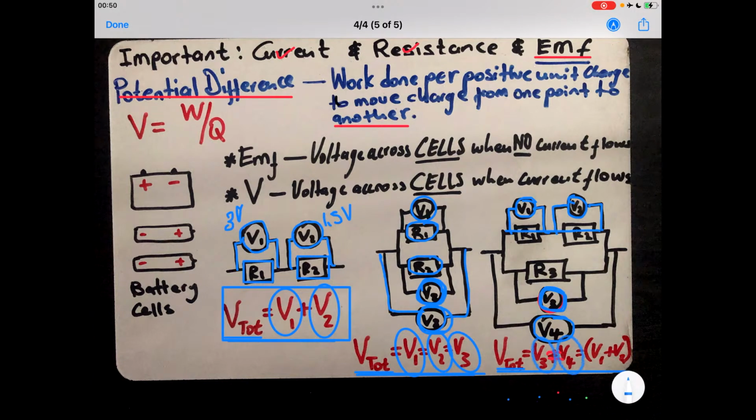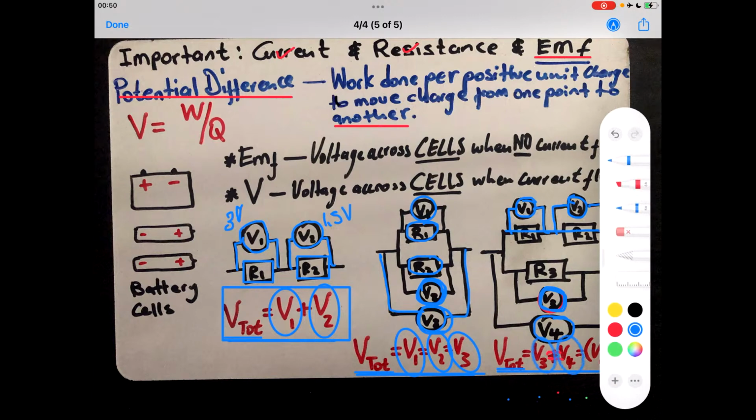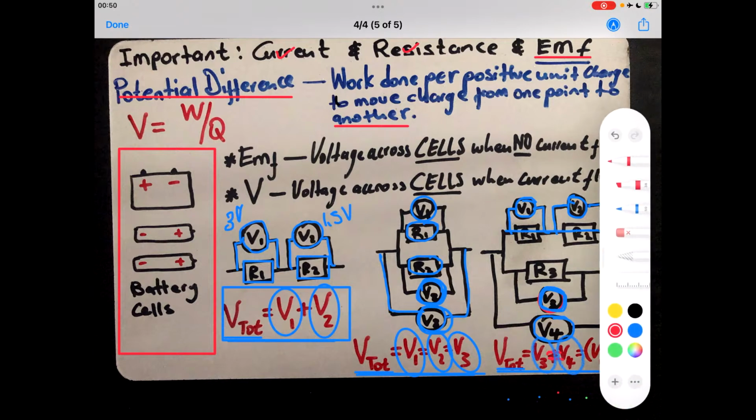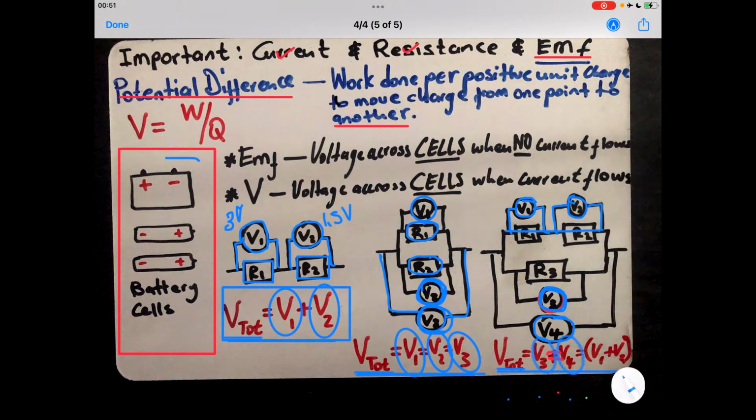I didn't forget to say something about that. So this is what I wanted to say, honorable members. You can see that there I'm having a battery.